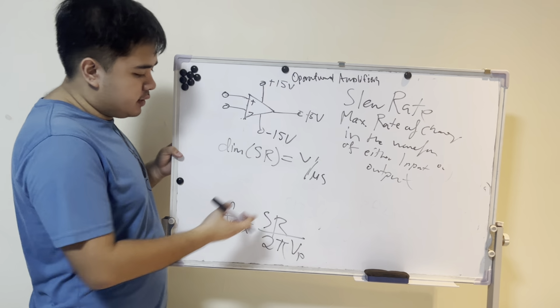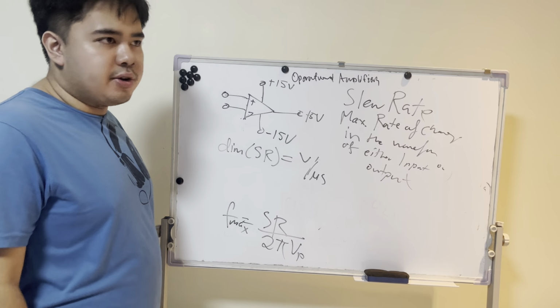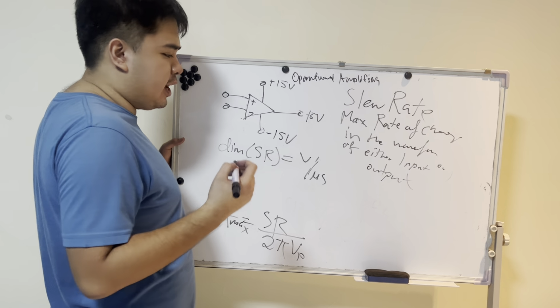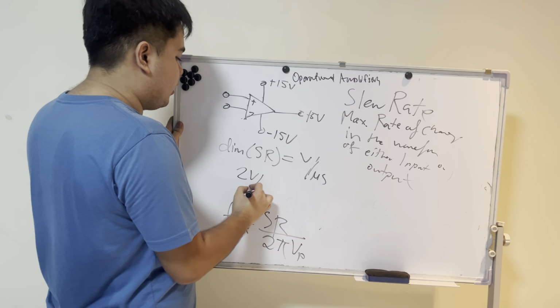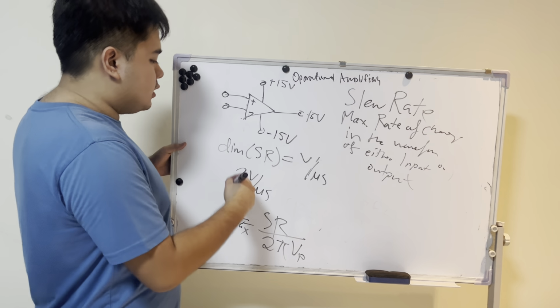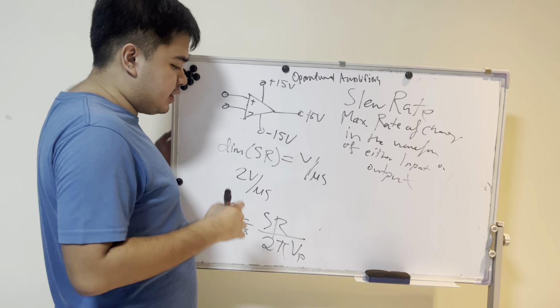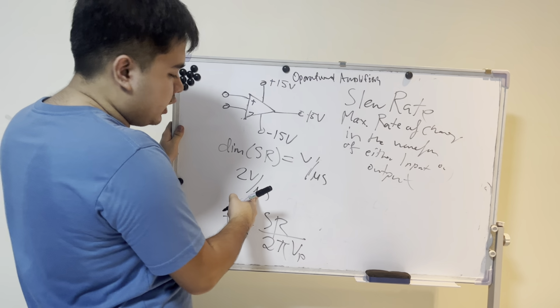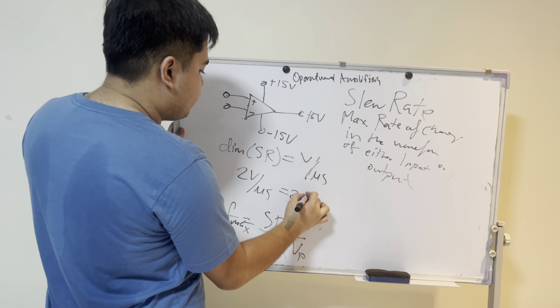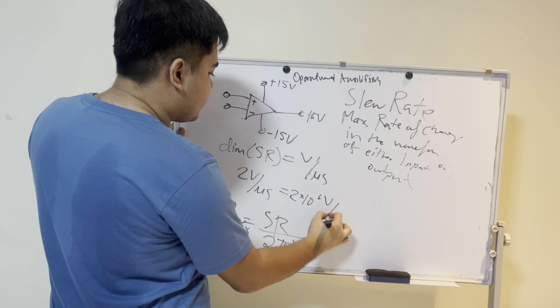Be warned that when dealing with slew rate, we are usually talking about changes in microseconds. So in textbooks, we may see 2 volts per microsecond as the maximum slew rate. We need to have it in SI, so we need to take into account the micro in the denominator. So it's now 2 times 10 to the 6 volts per second.